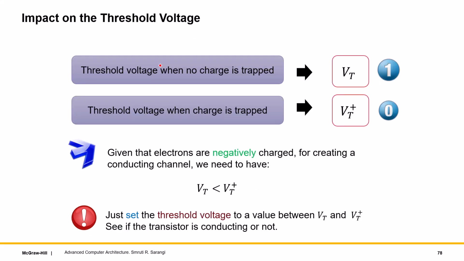What we will see is that when no charge is trapped, the threshold voltage is what it is supposed to be, which is Vt. But when electrons are trapped within the floating gate, then the threshold voltage will increase. We will see in a second why.